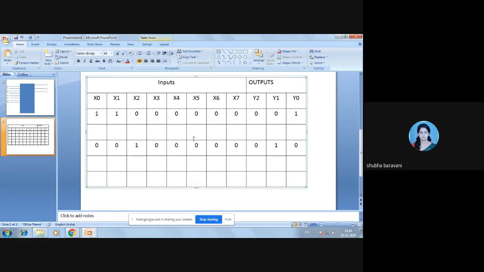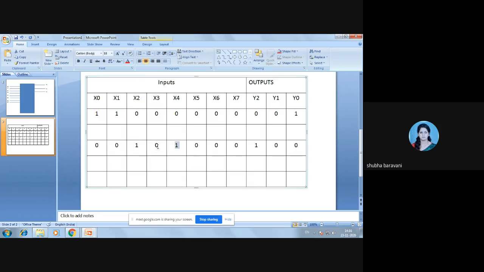Now see, if at once two inputs are high. Say with x2, x4 is also high. So in this case, your output will be 1, 0, 0. Understood? It means priority is given to x4.